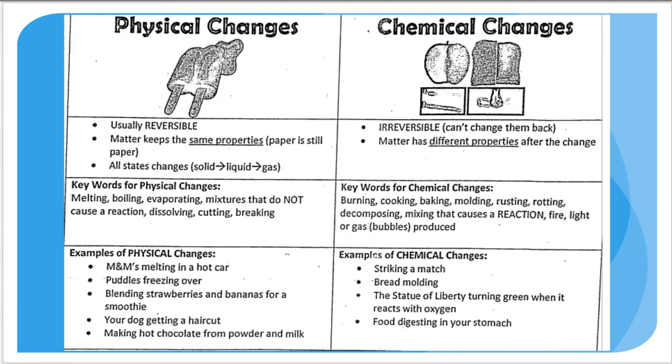Dog getting a haircut, making hot chocolate, powdering milk. Irreversible: burning, cooking, baking, molding, rotting, rusting, decomposing, causing some type of reaction, seeing bubbles. We see that a lot on questions. So if you strike a match, remember any of that heat, that temperature change, when your bread molds, food digesting in your stomach.